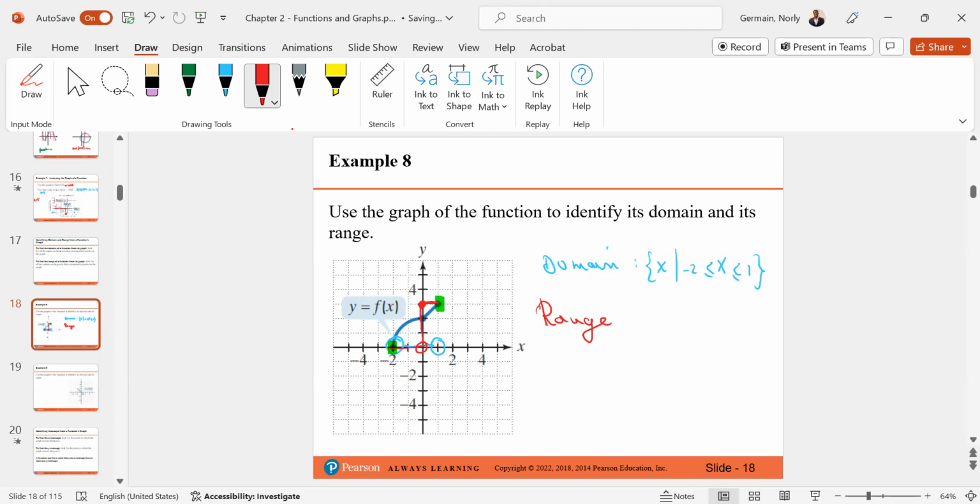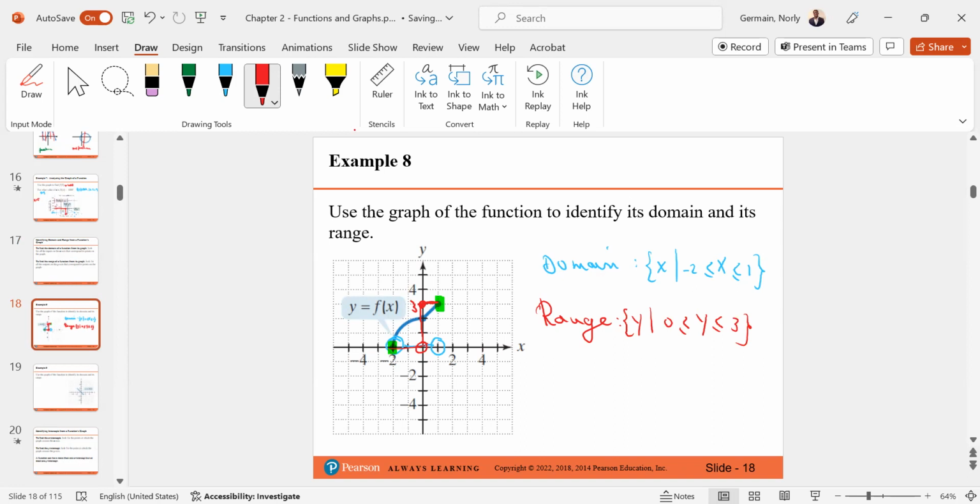So that means it's from 0, y such that y is, sorry, I was supposed to call it y, because it's about the range. Y would be between 0 and what? 3, yes, because that number here is 3. So that's how we identify the domain and the range from a graph.